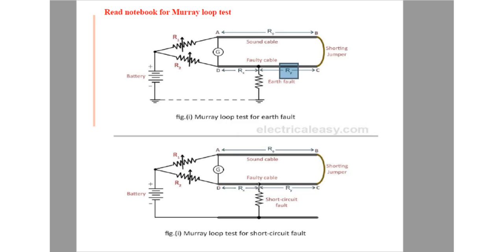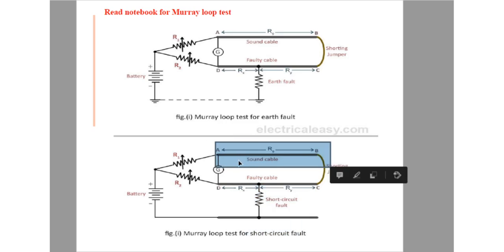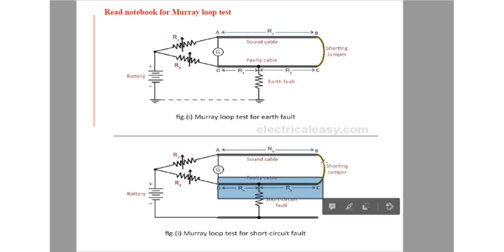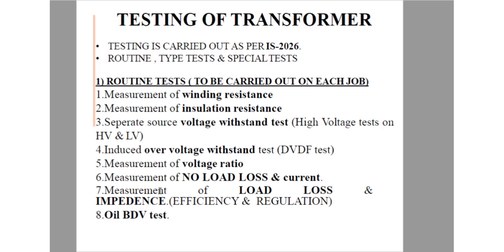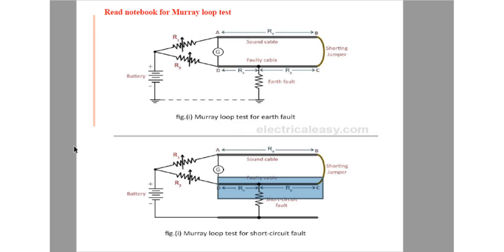So this is a short circuit, you can see over here, and in the same way this is a sound cable, or normal cable, and this is our faulty cable, and they are connected with one jumper. Because of the Murray loop test, we can understand that the fault location can be identified.